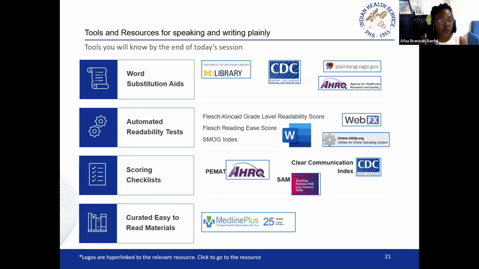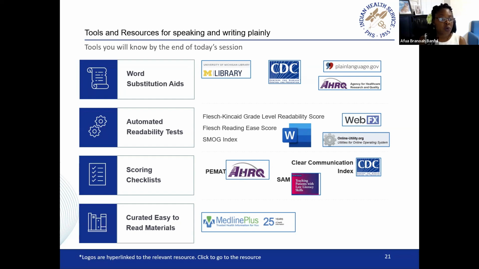Next week when we do the workshop, we'll talk a little bit about really finding your favorite, because they do very similar things, and there's no reason why you have to use multiple different tools. For instance, Word comes with the Flesch scores, so you might as well just use those. And then there are these scoring checklists that come from these organizations that are a little bit more involved.